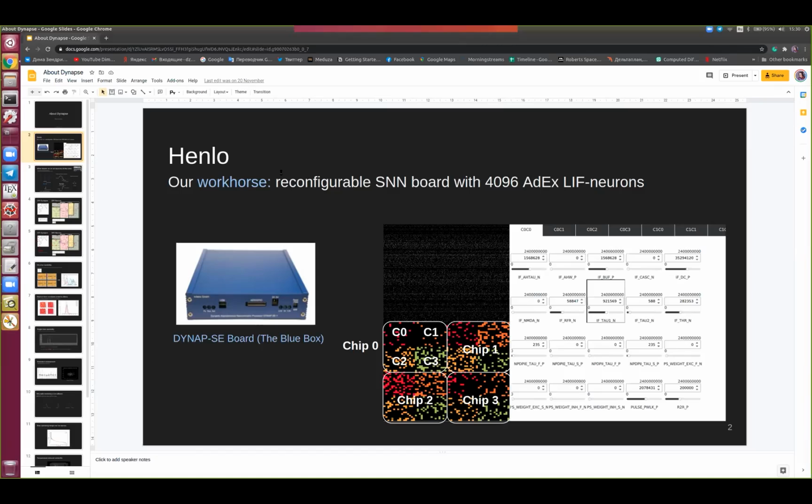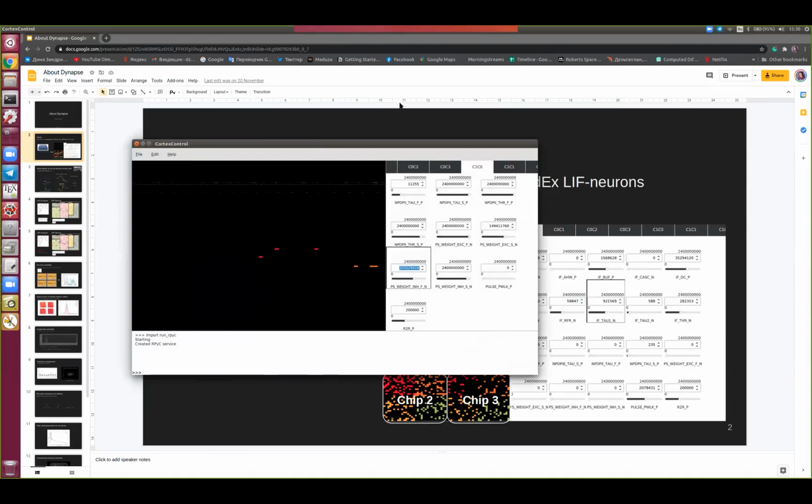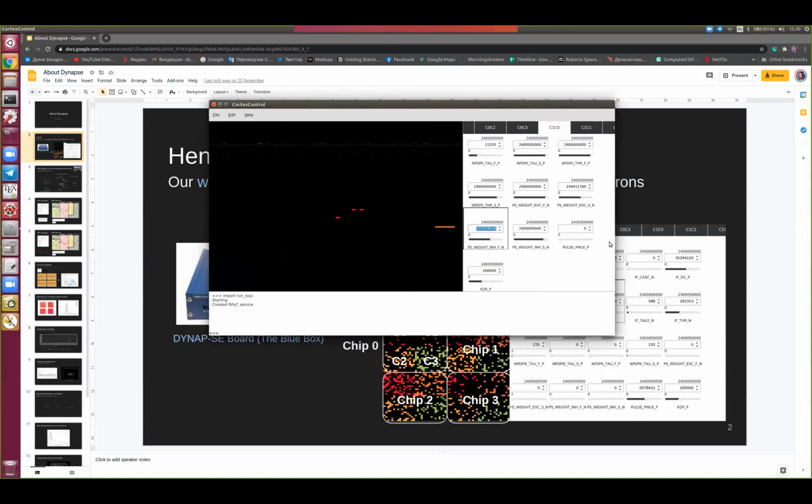The access you have is with this program called Cortex Control for now, and now it's going to be an even fancier version. A good thing is that it supports Python, so you can write just Python scripts which will process your spikes in different ways, and you can change connectivity.